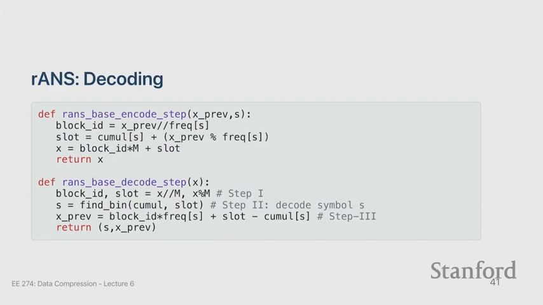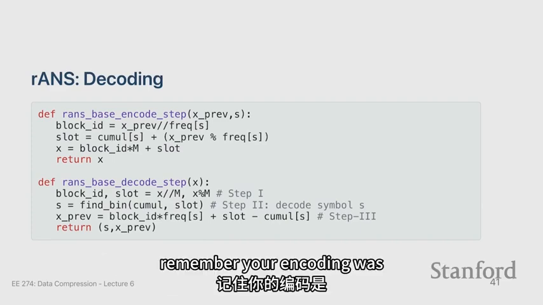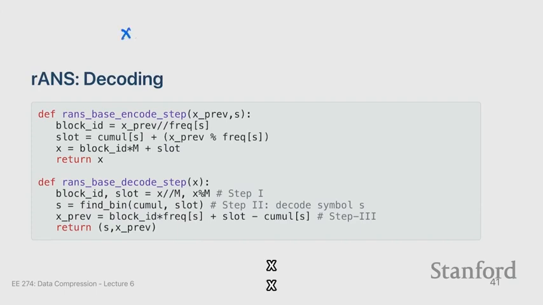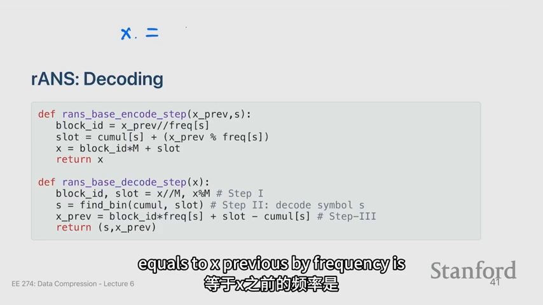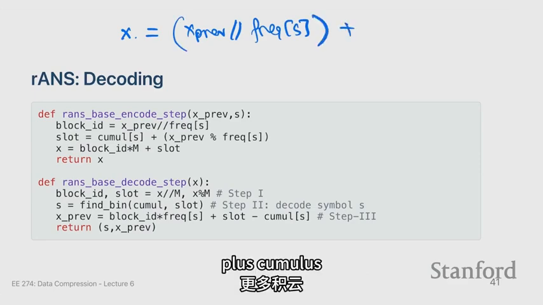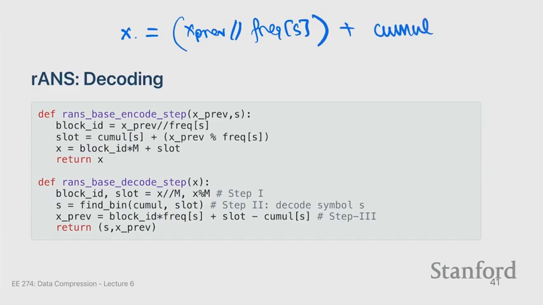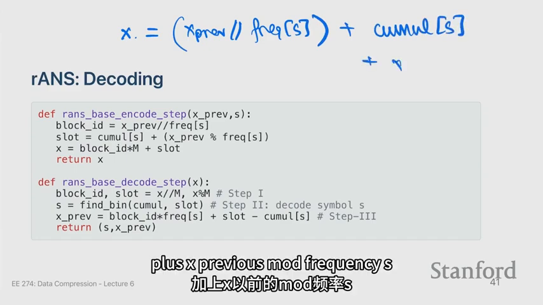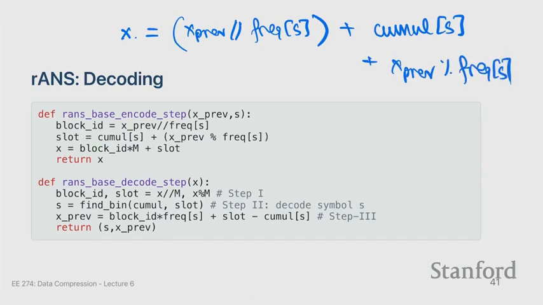So remember, your encoding was X equals X previous divided by frequency S, plus cumul S, plus X previous mod frequency S, right?